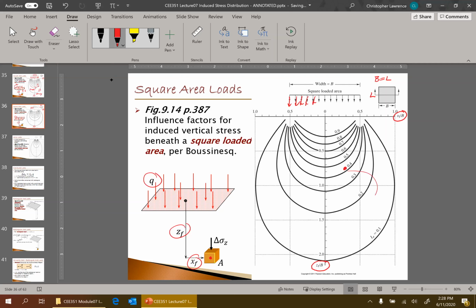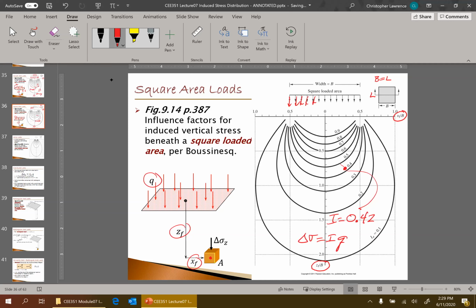Perhaps in this case, I equals, well, that's really close to 0.4, not quite as close to 0.5. Maybe I say that is 0.42. Pretty close, 0.42. And then I can say delta sigma equals IQ.